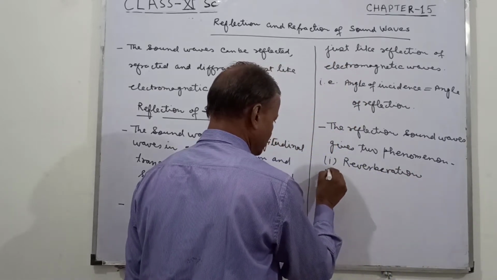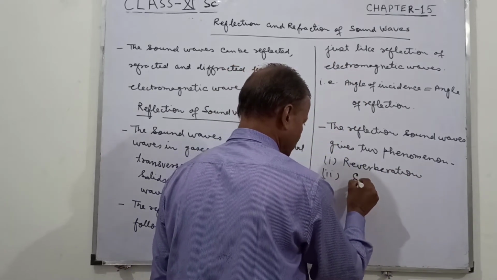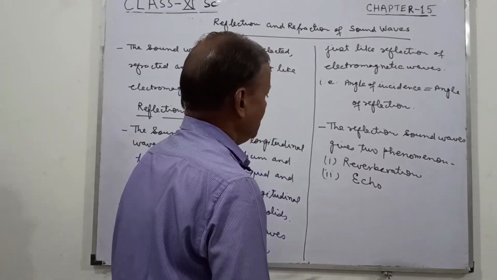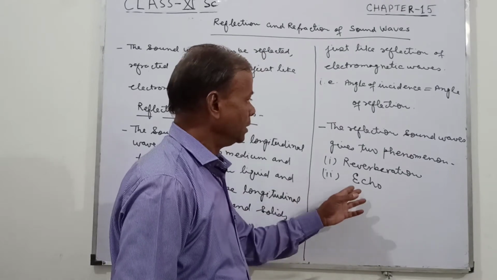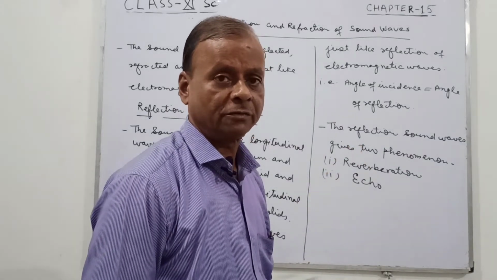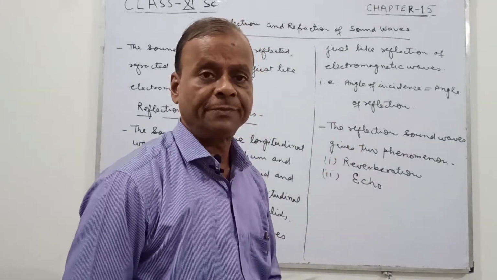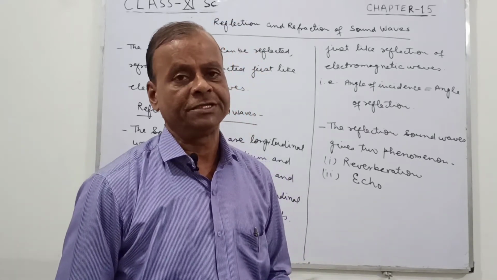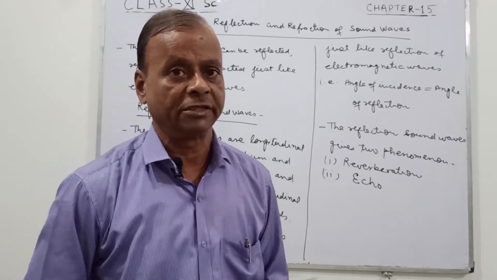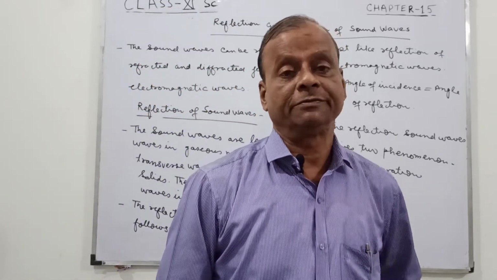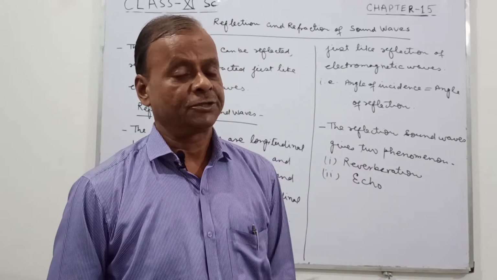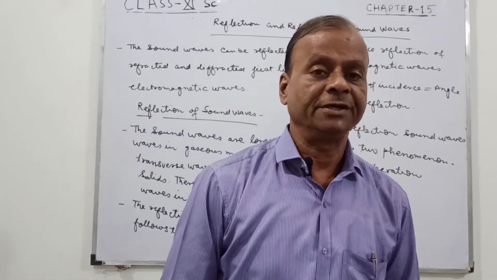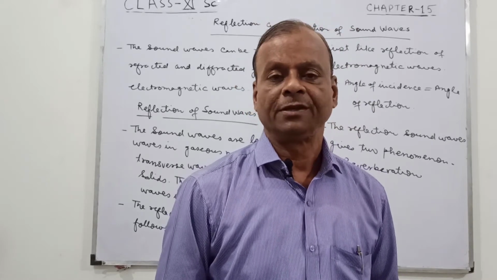And number two, echo. Reverberation and echo are also the cases of the reflection of the sound wave. Reverberation means the prolongation of the sound wave. When the same sound wave is heard for a long time, then it is called the reverberation. And this reverberation takes place whenever the two objects are at a distance of 17 meters or less than this.